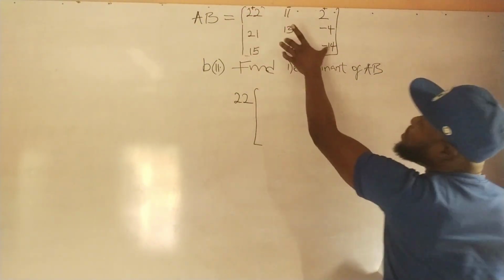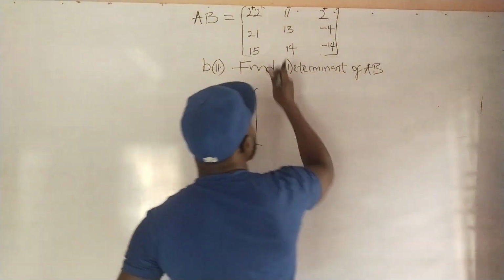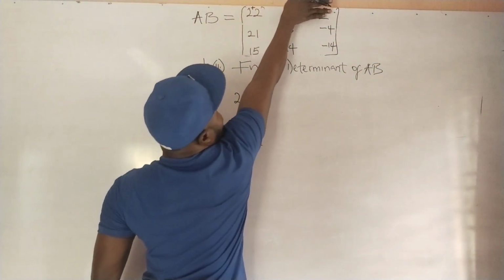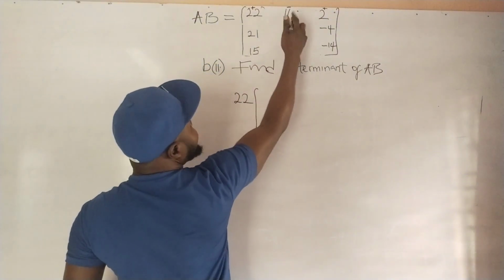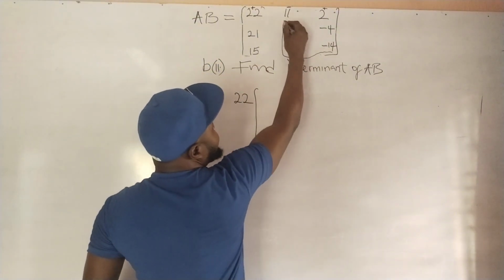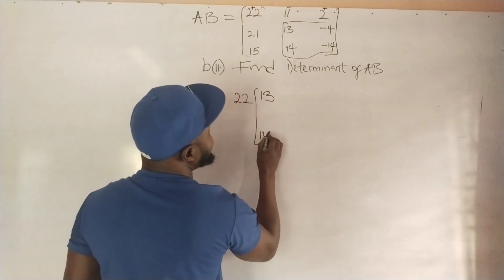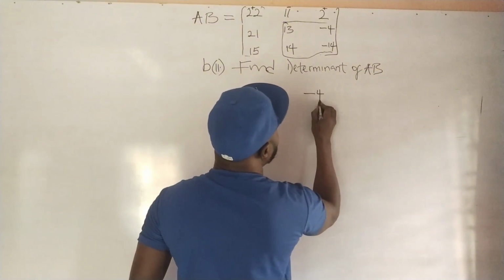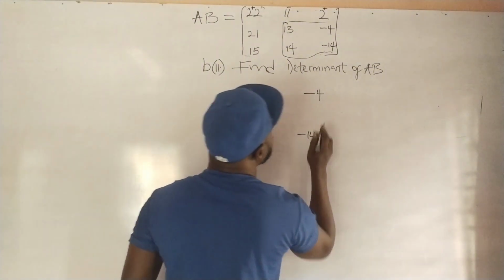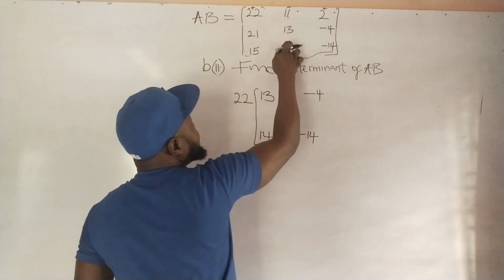Then what are the elements left? Then you write them out. You know when this one is invisible and this row is also invisible, it will be remaining this. Right? So write them out, which is 13, 14, minus 4, and minus 14. It is as simple as that.